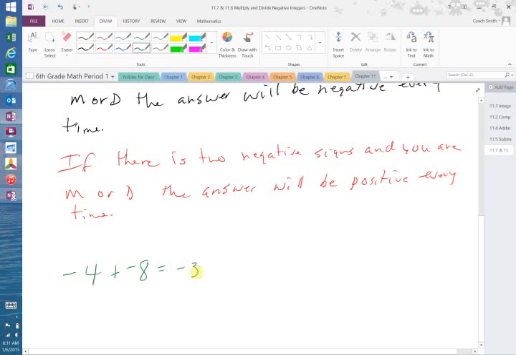Okay, that's -12. But we just said -4 times -8 would be positive 32. So there's the difference. You have to keep the rules straight. That is where most of the confusion comes in most of the time.